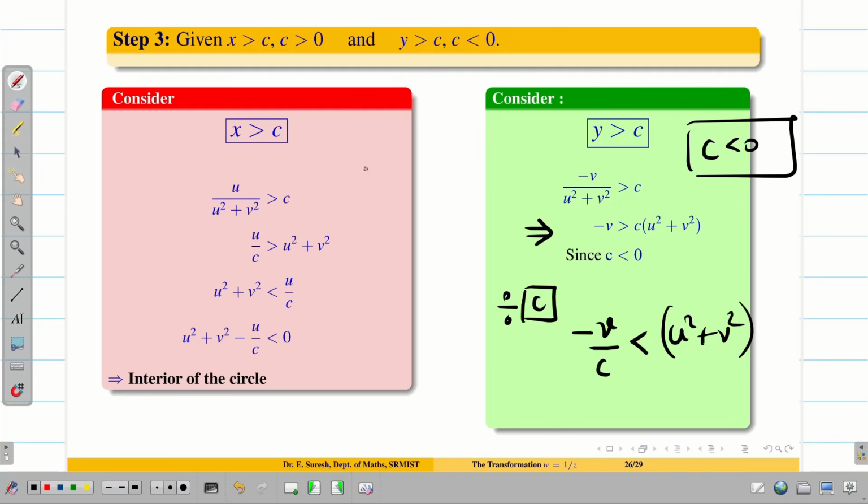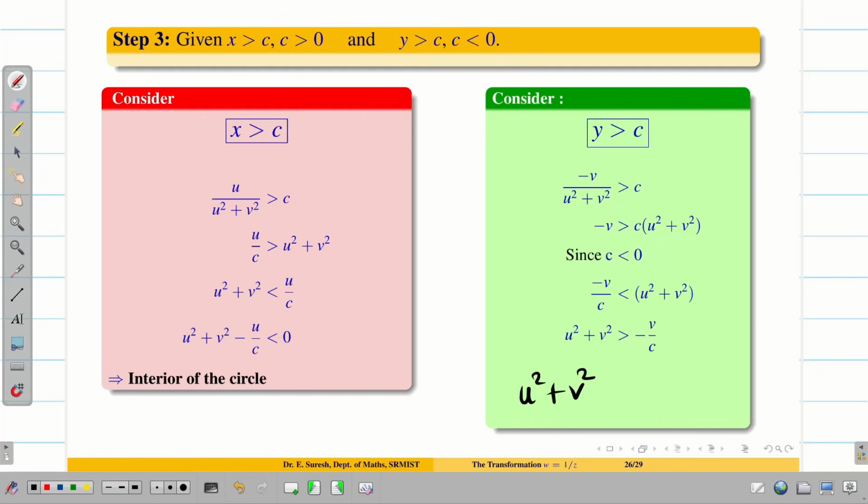In all our previous problems, we had constants like 1, 2, 1 by 2, all are positive. So we don't bother about the inequalities. But in this case, my c is negative. So we should deal with this very carefully. Rewriting this, we get u square plus v square greater than minus v by c.